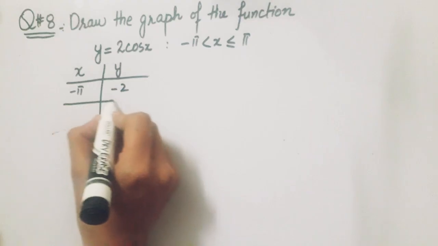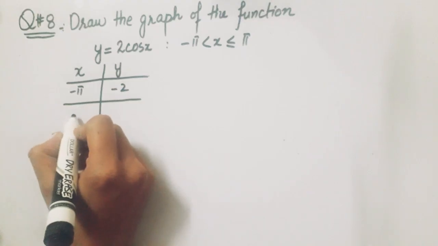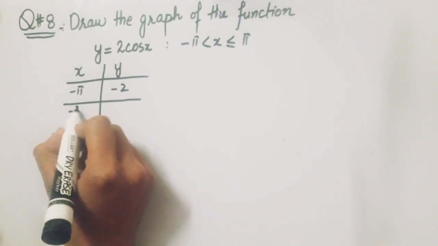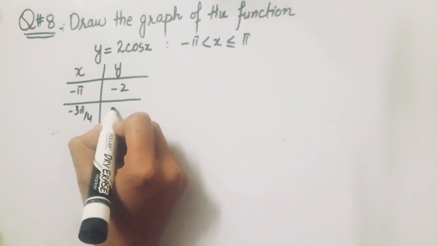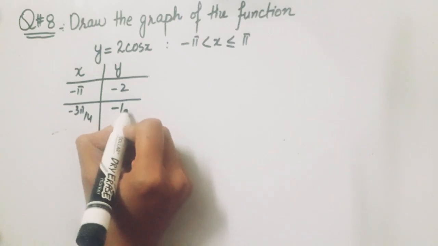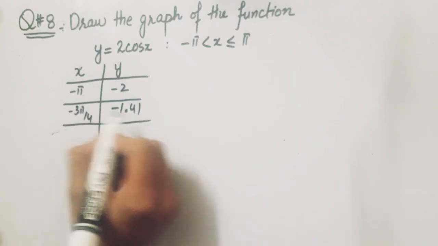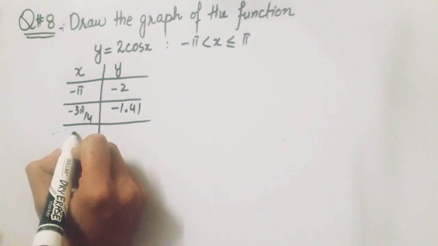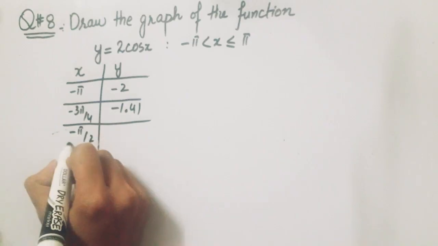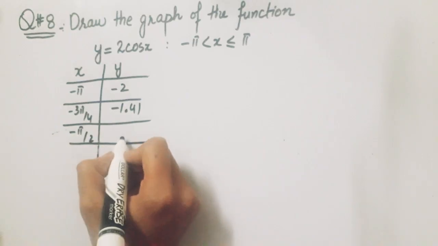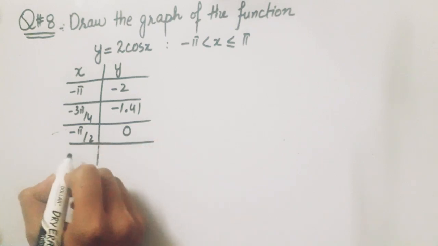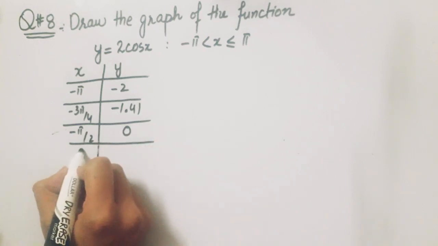And then put x is equal to minus 3 pi by 4. So y will be equal to minus 1.41. Then you put x is equal to minus pi by 2. You will get value of y equal to 0. Then you put x is equal to 0.